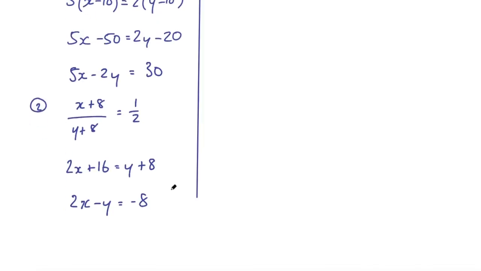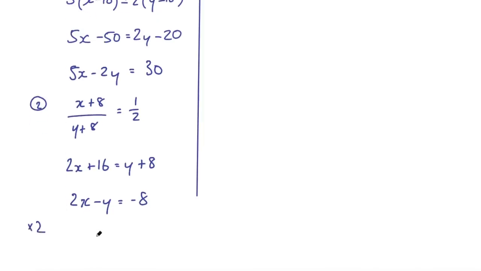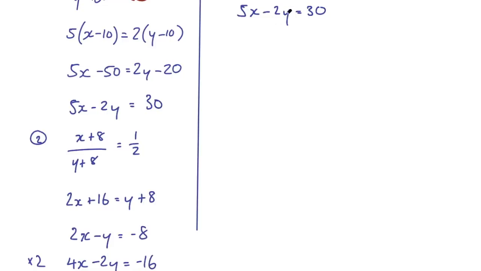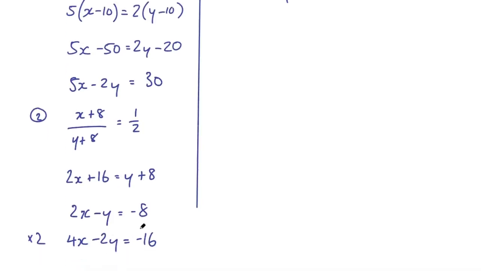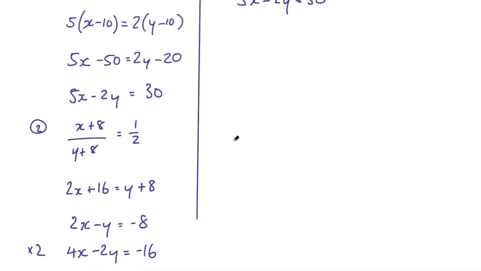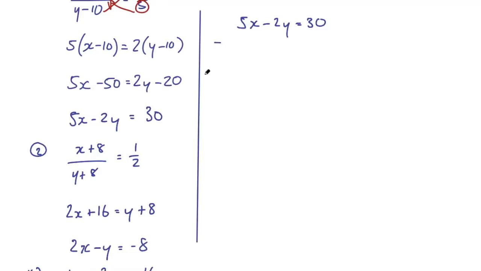So if I times this equation by 2, I get 4x minus 2y equals minus 16, and then I have this minus 2y and this minus 2y equal. So if I subtract those two equations, then I'll be able to eliminate the y and find what x will equal.